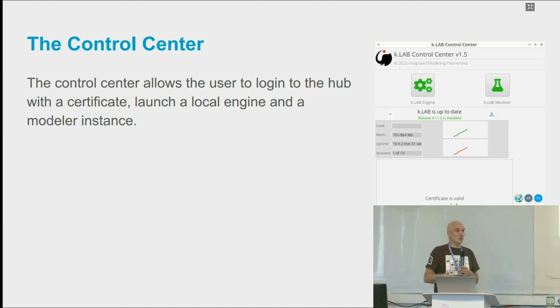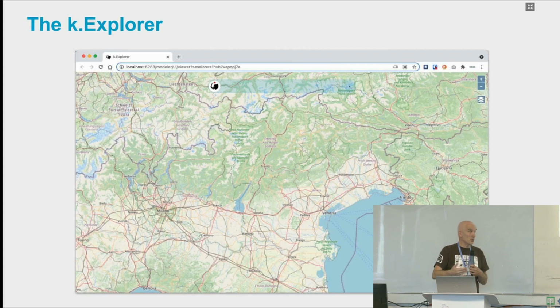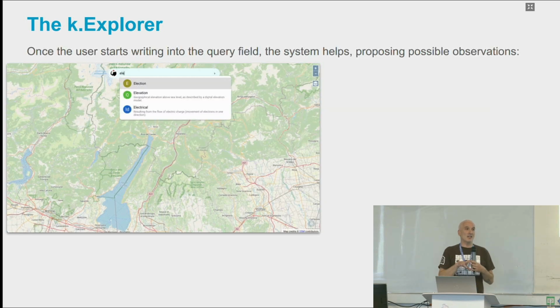What you can download is a control center, a tiny bit of software like this, from which you can start your own local k.Engine. So with your computer, but attached to the whole network, you will be able to do modeling. From there, for example, you can open the end user. You see a bar, and in that bar you can enter what you want to observe.